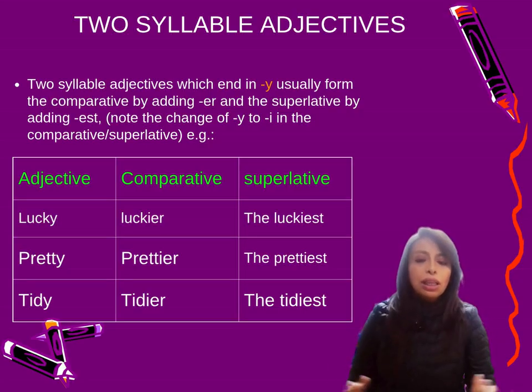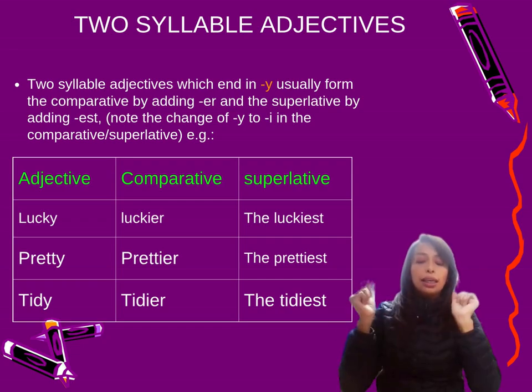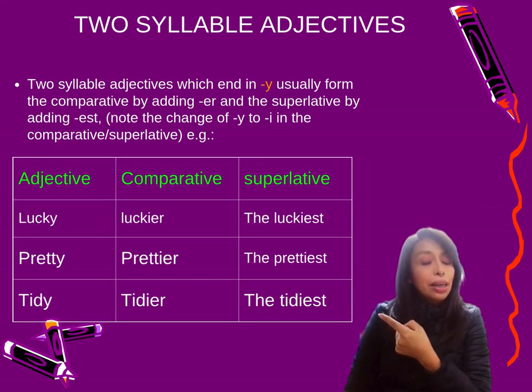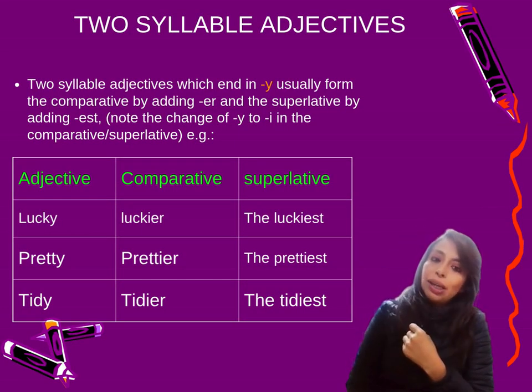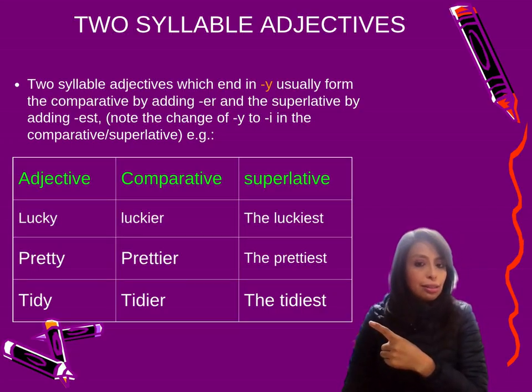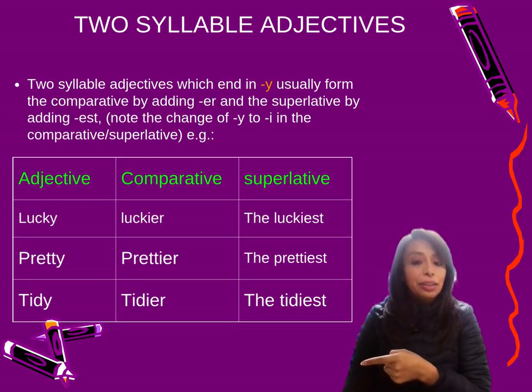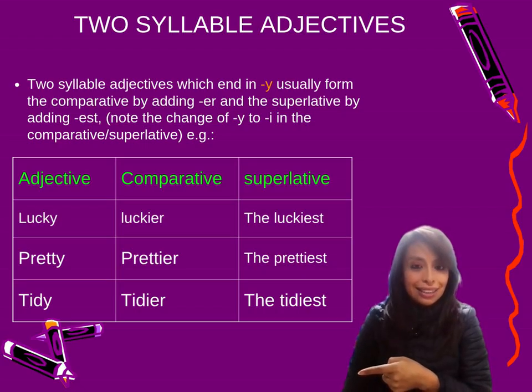And why is it two syllables? Because you say lucky, two syllables. The comparative is luckier, and the superlative, the luckiest. Pretty, prettier, the prettiest. Tidy, tidier, the tidiest.